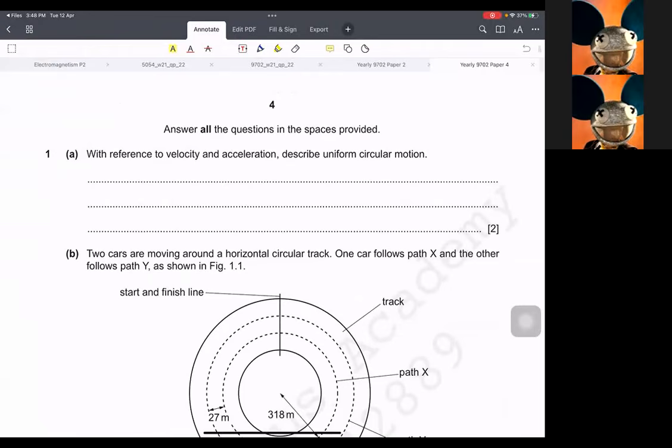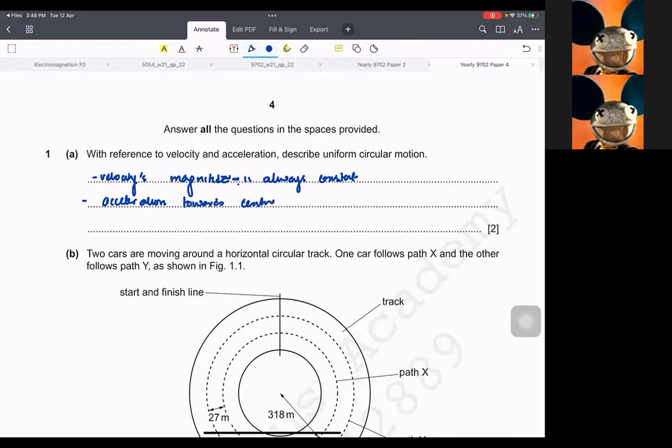Okay, so for 2 marks, you should always remember that velocity's magnitude is always constant, and acceleration is towards the center and perpendicular to the direction of velocity. So you got to write this.